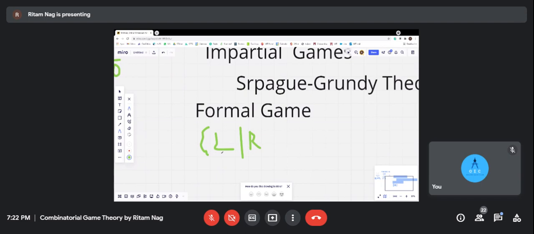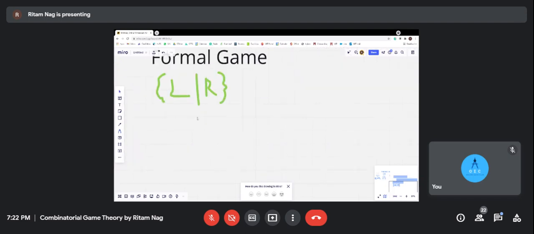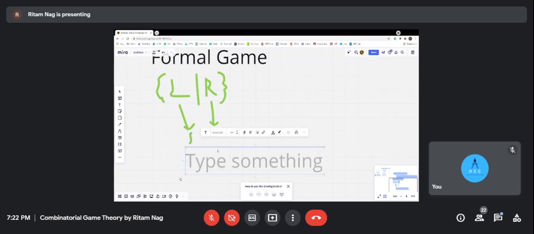L corresponds to the moves of the left player, or the first player, and R corresponds to the moves of the second player, because you need to remember both of them. Here L and R are both sets of games.